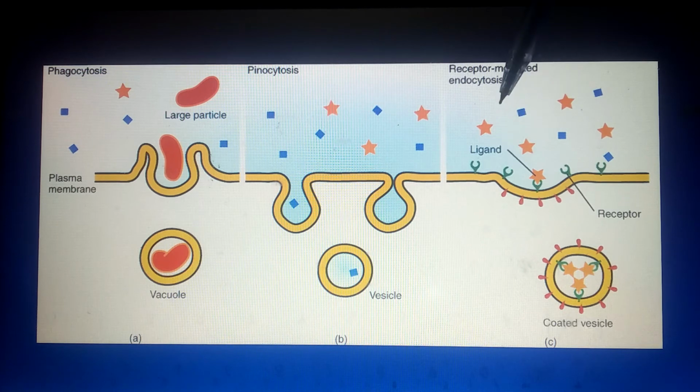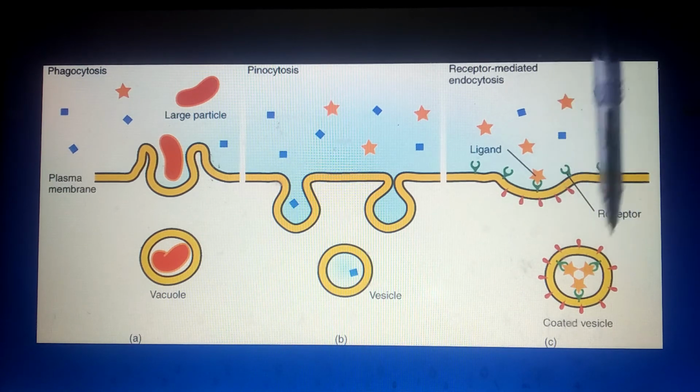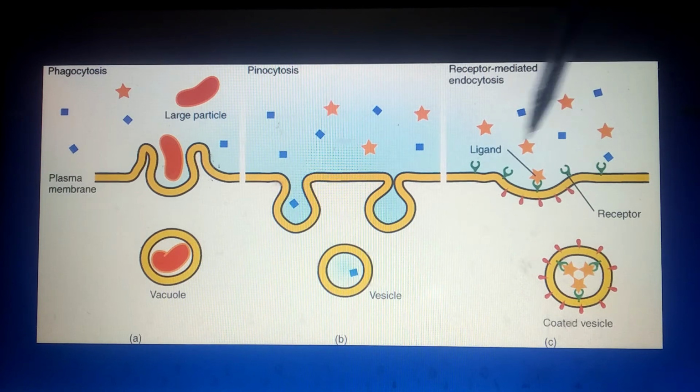These receptors help in the selection of, like, hormones come, like neurotransmitters come, like other microorganisms maybe come. So what will happen? These receptors recognize and take it inside of the cell. So such sort of movement is known as receptor mediated endocytosis.